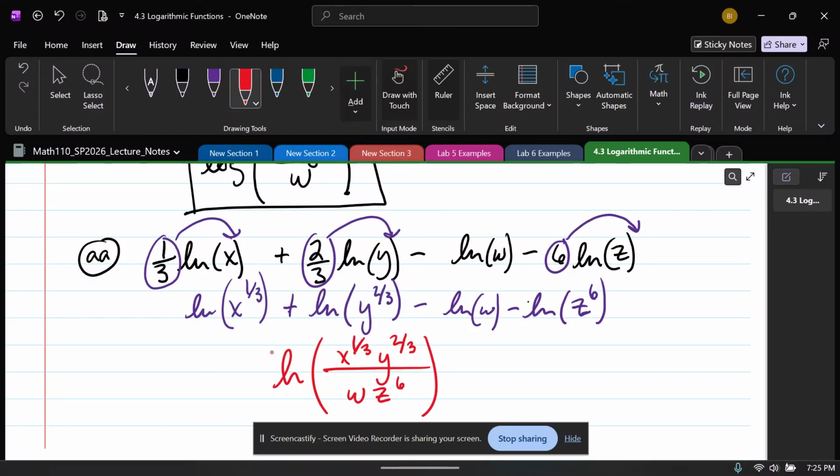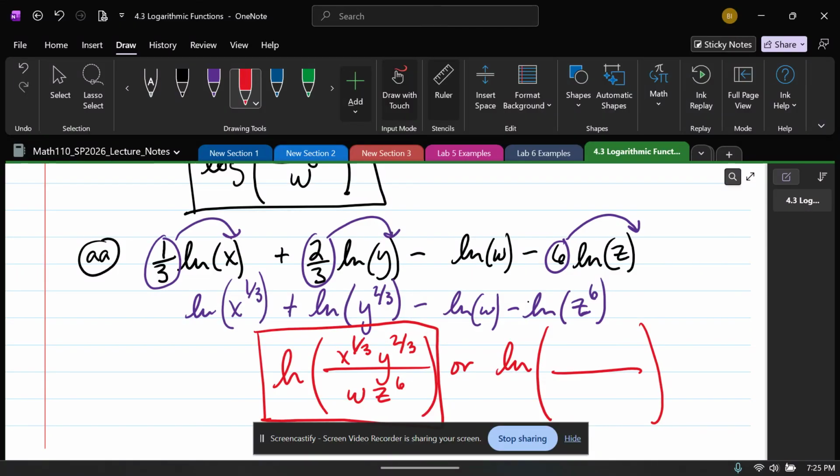That is absolutely correct. Can someone give me another version of that that doesn't have fraction exponents in it? Because this is right with fraction exponents, but they may not write it with fraction exponents. So what root am I going to do here?